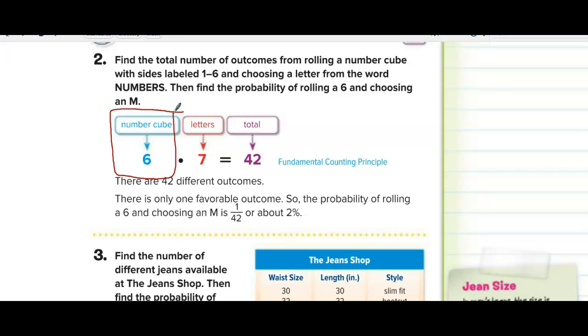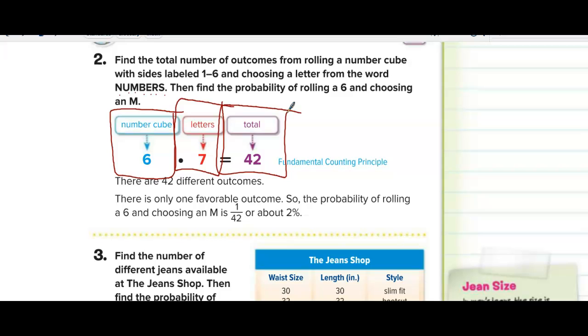So you have 1, 2, 3, 4, 5, 6, 7 of them. And there's 7 different ones. Okay, there's no repeats in the word numbers, right? Okay, so just note that. So then 6 times 7 gives us 42. So that's the total number of outcomes.